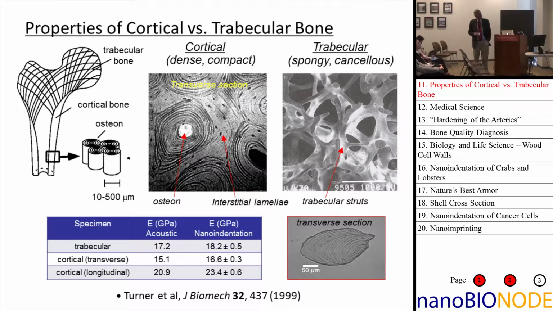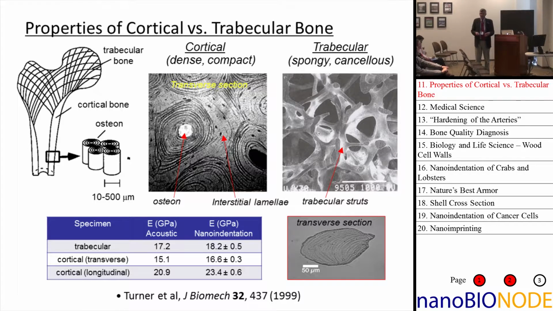In bone, you've got the dense cortical bone, and then you've got the spongy cancellous bone out here on the end. And Mother Nature has obviously made one of those dense and one of them spongy for a reason, and it has to do ultimately with the local compliance of the bone.